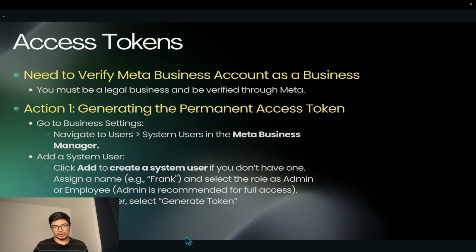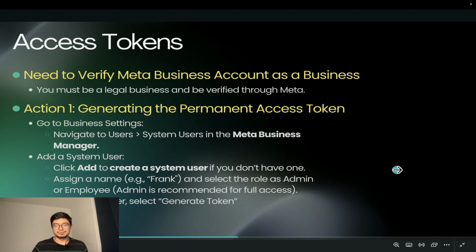Because in order to create a permanent access token, you need to refer it to an app in Meta for developers. Just for you to understand, this is within the Meta Business Suite, and this is a different login compared to Meta for developers, which is where you create the app and then set up all the configurations to communicate between n8n and WhatsApp.